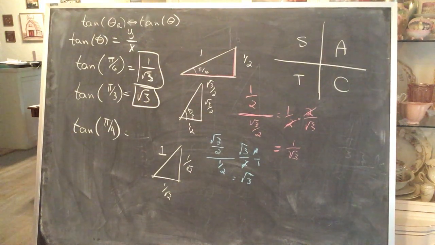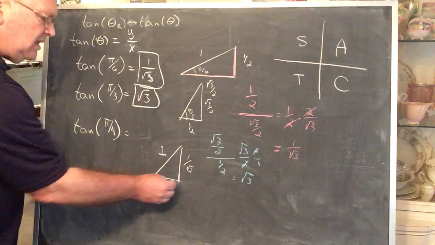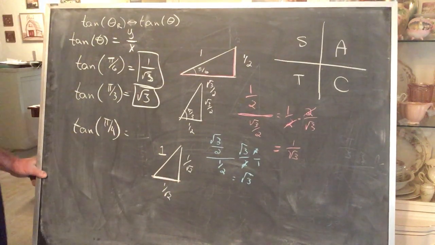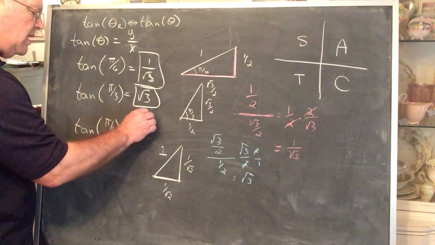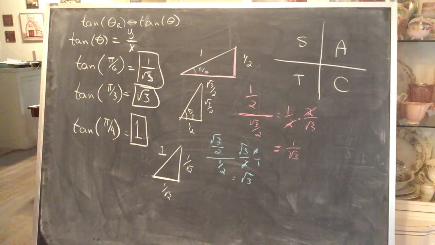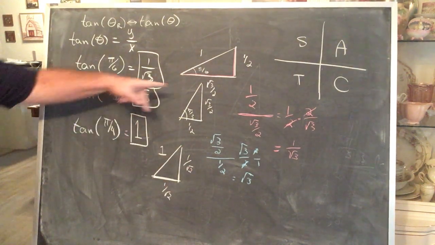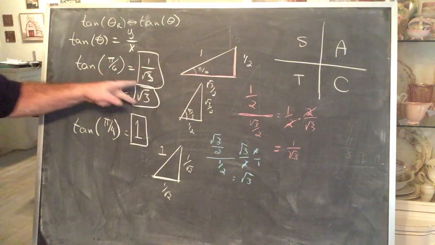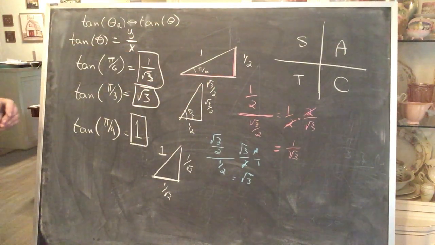We may ignore the denominators. It is the vertical distance 1 divided by the horizontal distance, also 1. Tangent of pi over 4 is 1. Strictly speaking, it's 1 over 1, but we can simplify that on the fly. We may ignore denominators: it's 1 over 1, radical 3 over 1, 1 over radical 3.